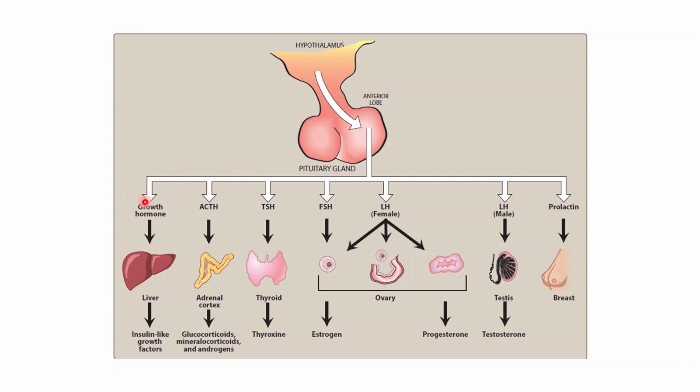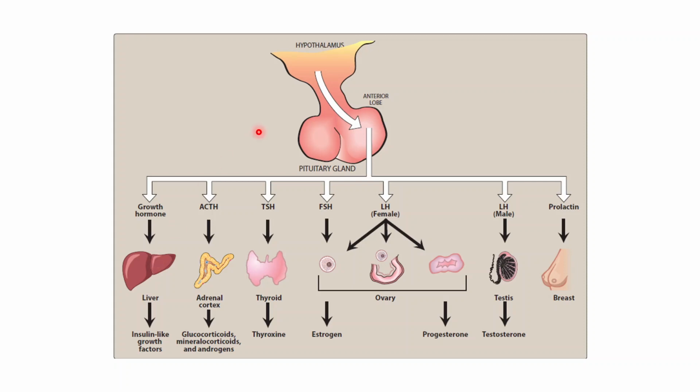With the blood, they go to the specific organ that specific hormone is produced in, and then in that organ the hormone will be released to the blood. That is the true hormone.